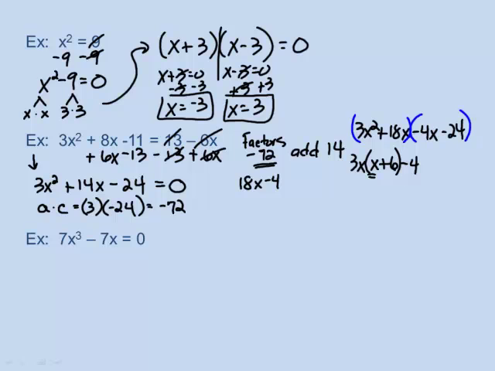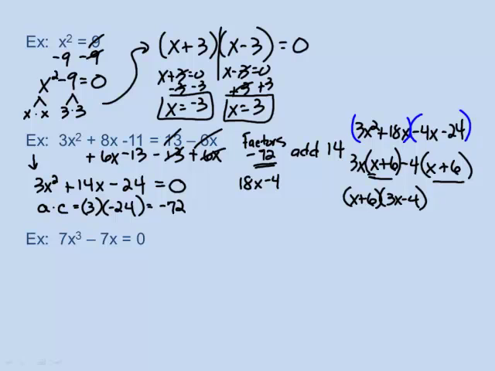Okay? So that's going to take the 4 out, and it's going to change the sign of everything. So negative 4 divided by negative 4 leaves us with a positive 1x, and negative 24 divided by negative 4 is a positive 6. And notice now our groups match, which is good. So we've got x plus 6 times 3x minus 4.